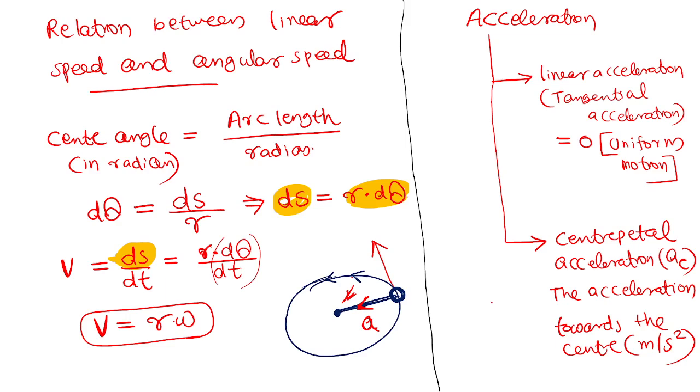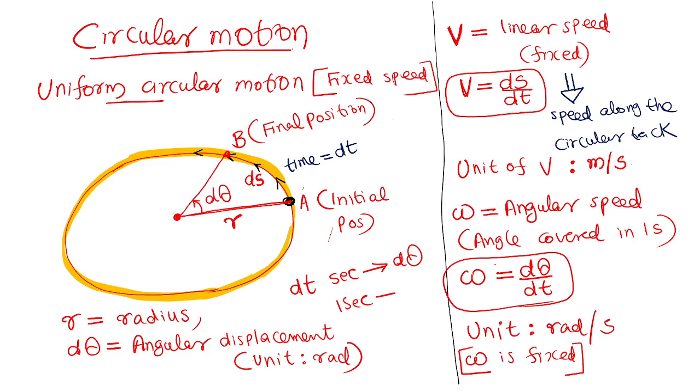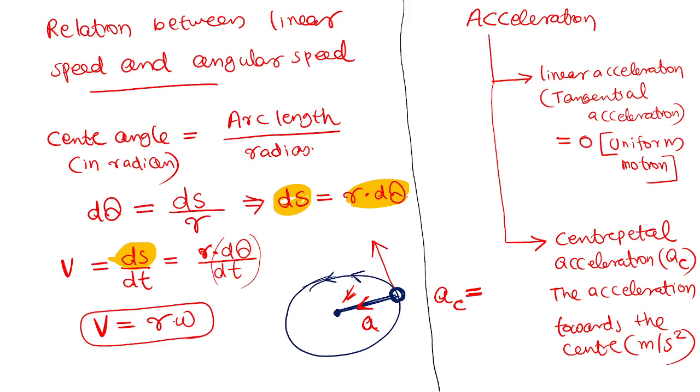This derivation is extremely difficult to understand. I will teach you the derivation once I discuss the problems. Once I discuss the problems, definitely I will derive this formula. The centripetal acceleration depends on the linear speed we have already studied, the speed along the track.